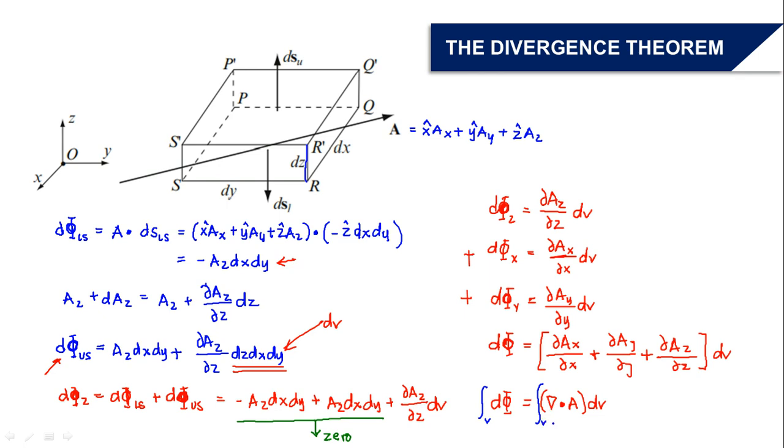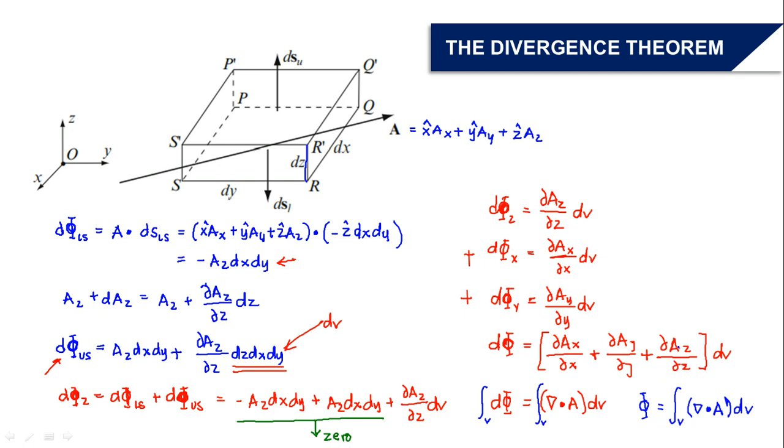So we are getting this particular expression that yung ating flux is equal yan sa the integral ng volume, the integral ng ating divergence ng vector A throughout the volume.